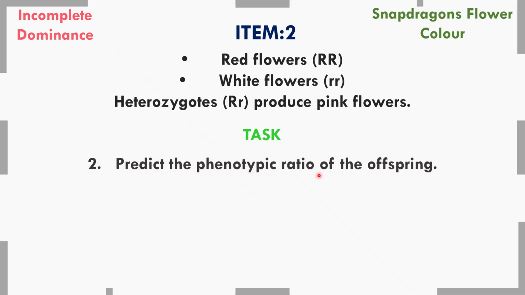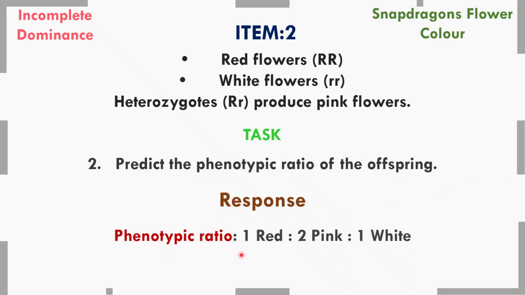Predict the phenotypic ratio of the offspring. The phenotypic ratio is 1 red, 2 pink, and 1 white.